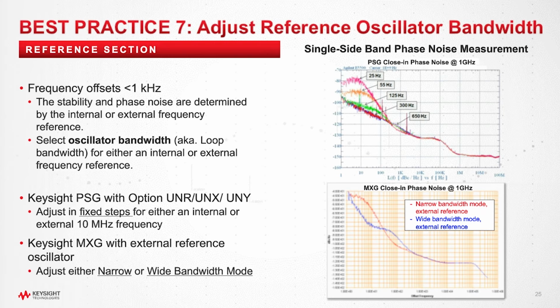Keysight MXG allows you to use an external reference and select either the narrow bandwidth mode, the red curve, or the wider bandwidth mode, the blue curve. You can select different optimized phase noise curves for your applications.